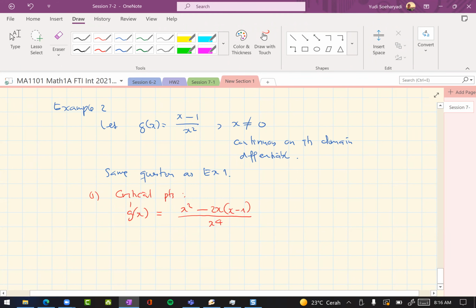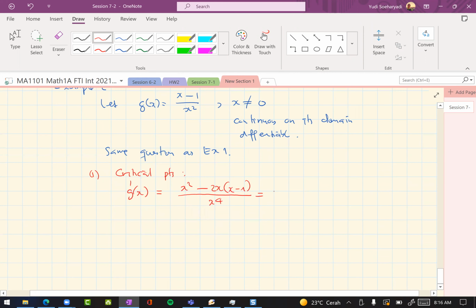Okay, we can simplify this a little bit and factor as much as possible. Let's see. X squared minus 2x squared, so minus x squared.